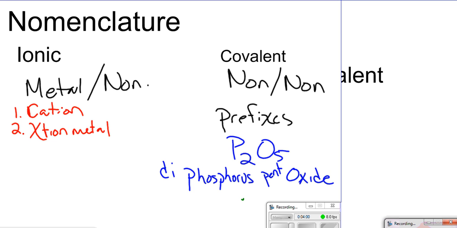You have to put its oxidation state or charge in Roman numerals. And you put that Roman numeral in parentheses.